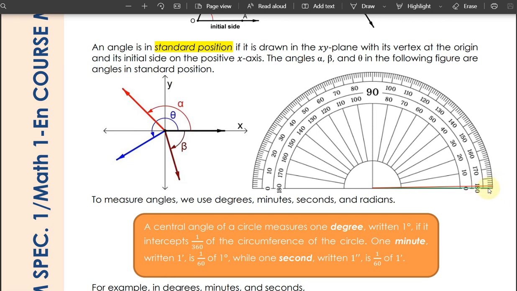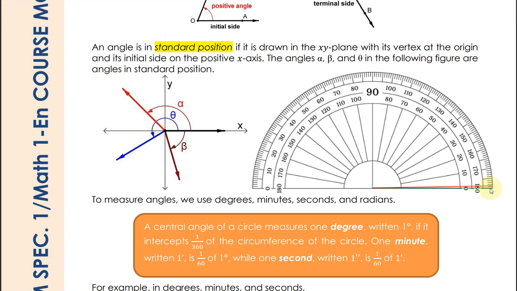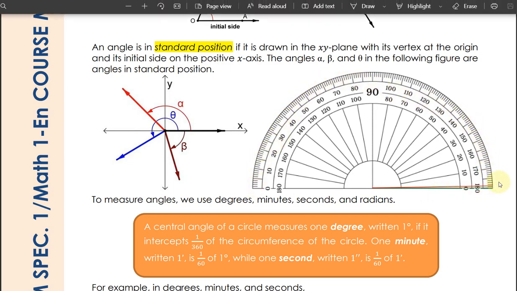For this example, from your initial side, colored green, at 0, and your terminal side at the first line, that is 1 over 360, and that is the 1 degree of your circle.